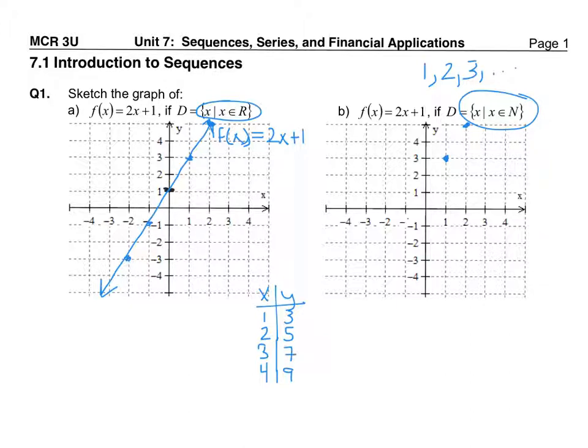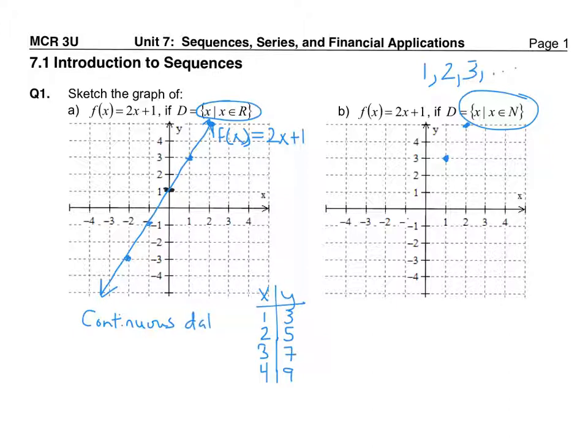Now, in terms of these two things, this first graph, we had what's called continuous data. Continuous data is the fact that we're joining all our values together here with a solid line, because no value of x is actually being left out at all. It's continuous data.